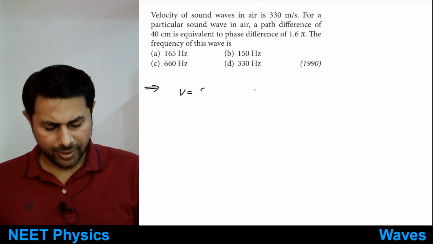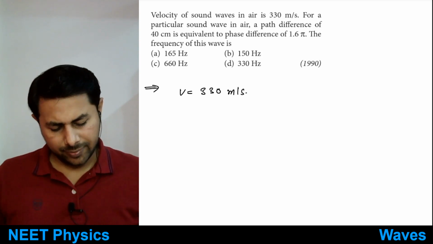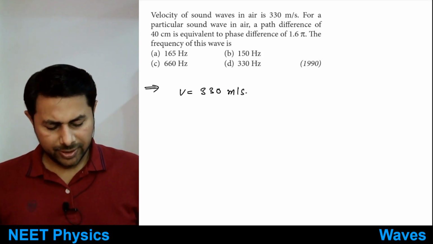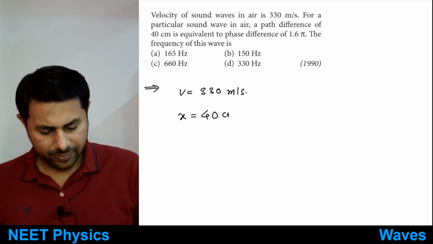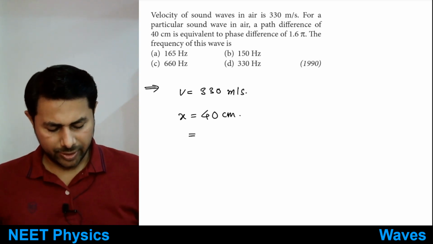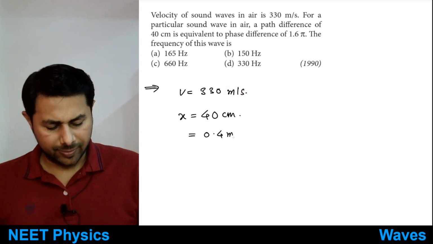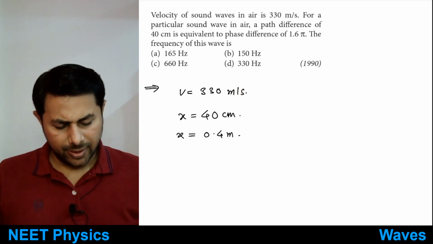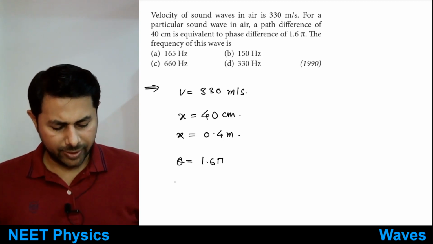V is equal to 330 meters per second you have, and then path difference is 40 centimeters, so x is equal to 40 centimeters, and phase difference is 1.6 pi. Okay, so let's convert this to meters because velocity is in meters per second. So it is 0.4 meters, right? And theta is equal to 1.6 pi, and we know theta is equal to what?